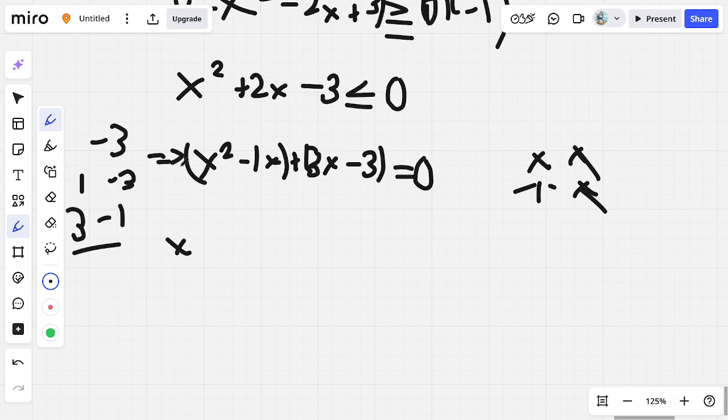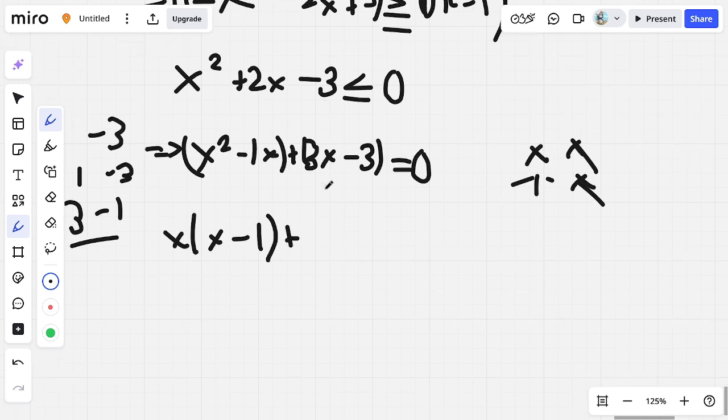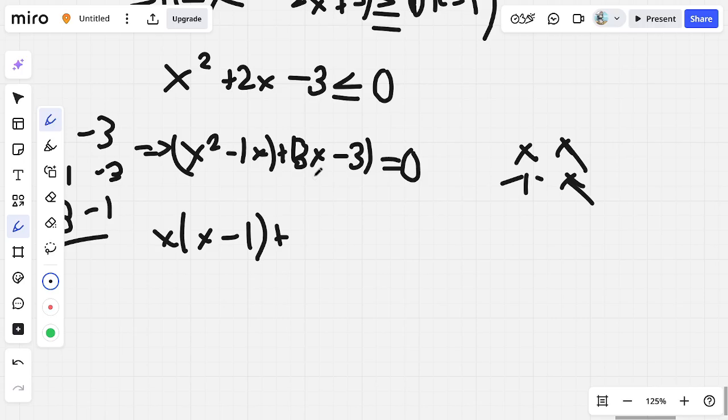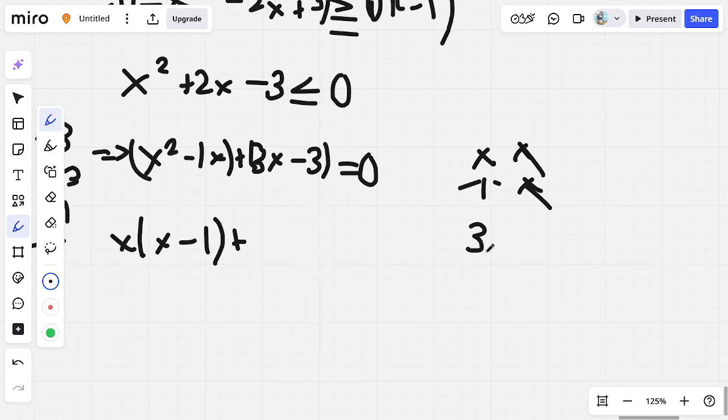So we pull out the x, x minus 1 plus, what are the common factors? Common factors are 3, so we can remove 3.